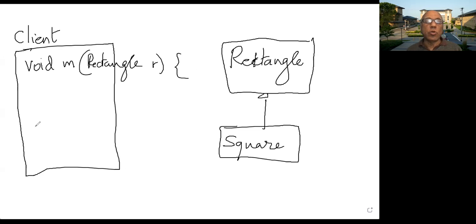And it has some code here. So this method is getting a rectangle object. That is the declared type. R is declared to be a rectangle. And it uses R to do some work.